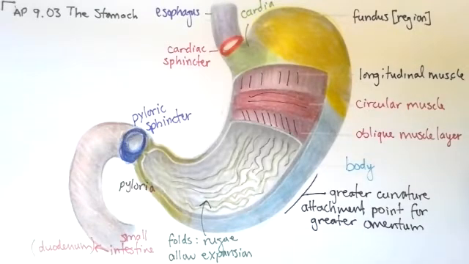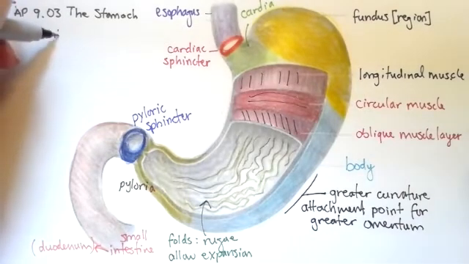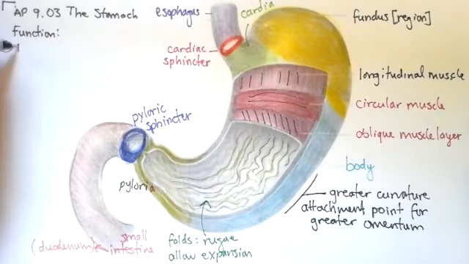So the stomach has 2 main functions. Let's see, what color haven't I used? I'm just going to go with black. The first and most important function is digestion.